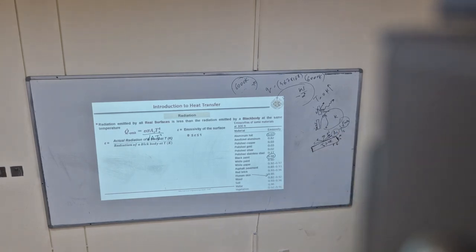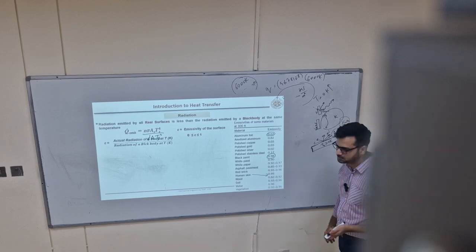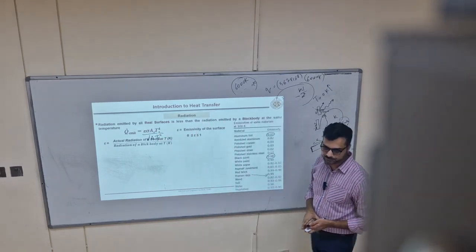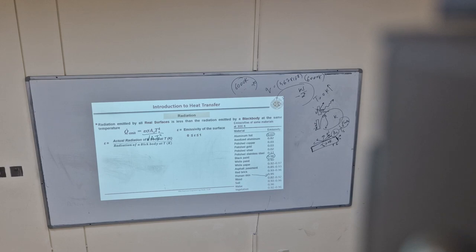So when you have a fever, your temperature rises only a few degrees. Now our temperature is 98 degrees Fahrenheit or 37 degrees Celsius. When it goes to 38 or 39, we feel very hot because of T to the power 4. That's why the heat emitted is so high.